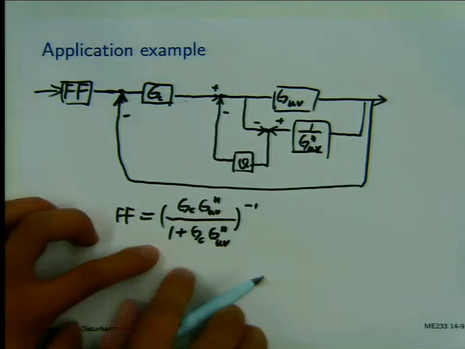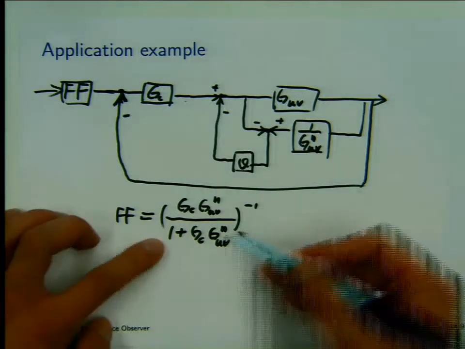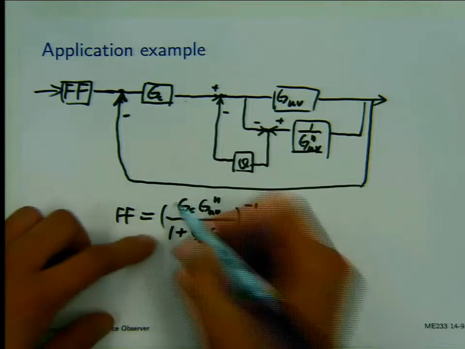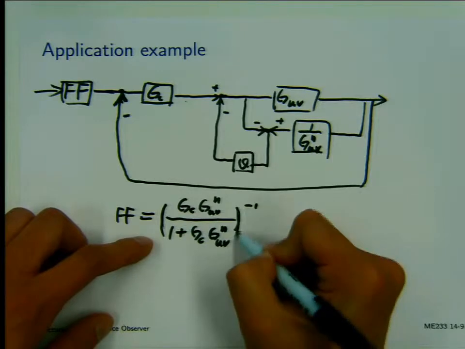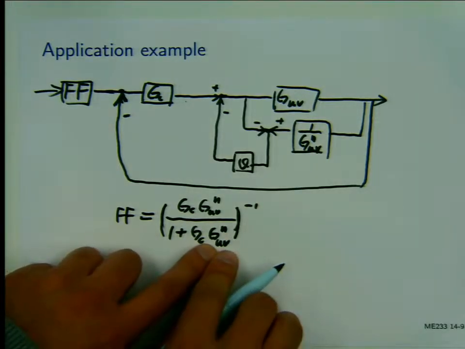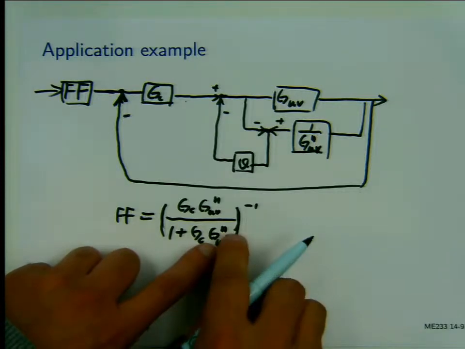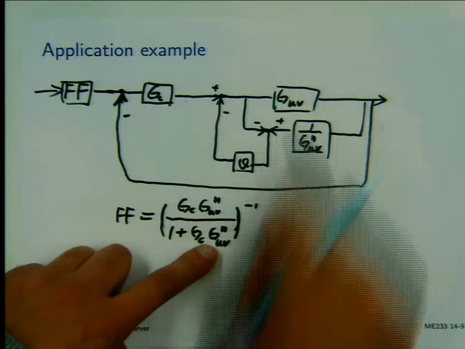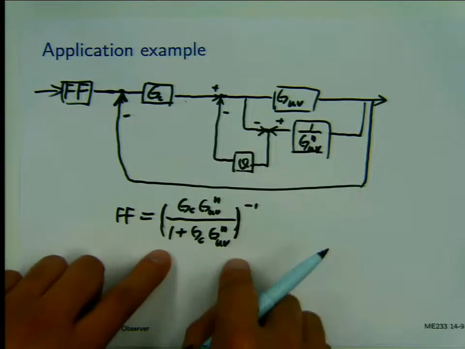Okay, so pay a little attention here to the transfer functions I'm using. I'm using G_uv nominal, so I'm using the nominal model of the plant in the feed-forward design.